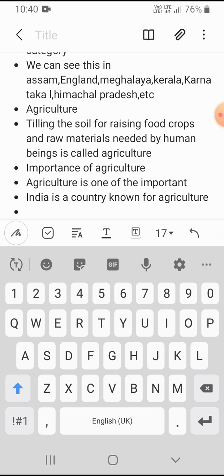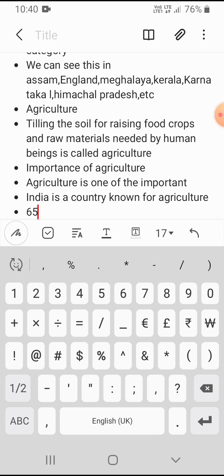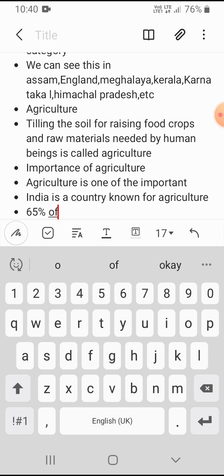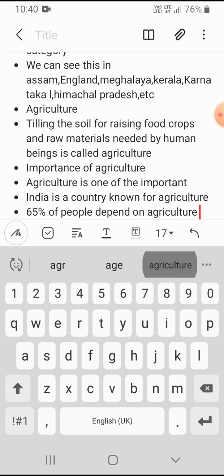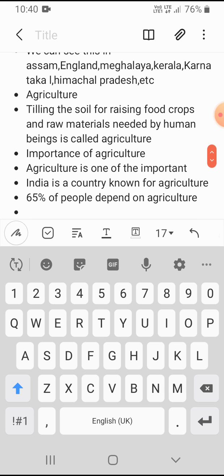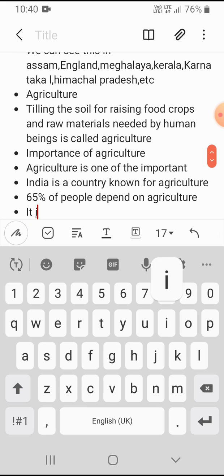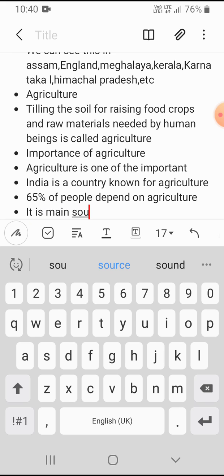So nearly 65% of people in India depend on agriculture. They are saying it is the main source of livelihood.